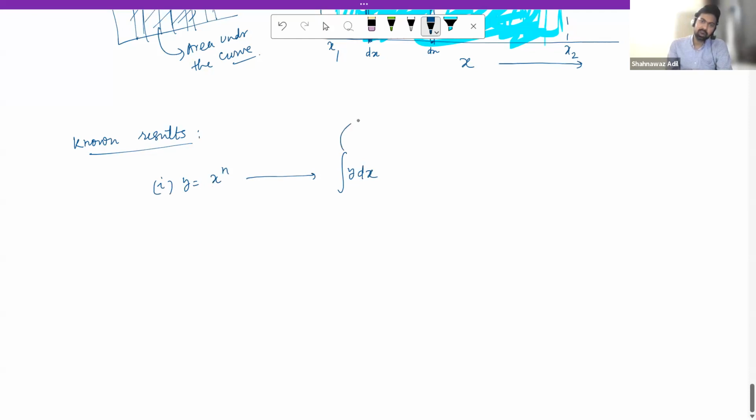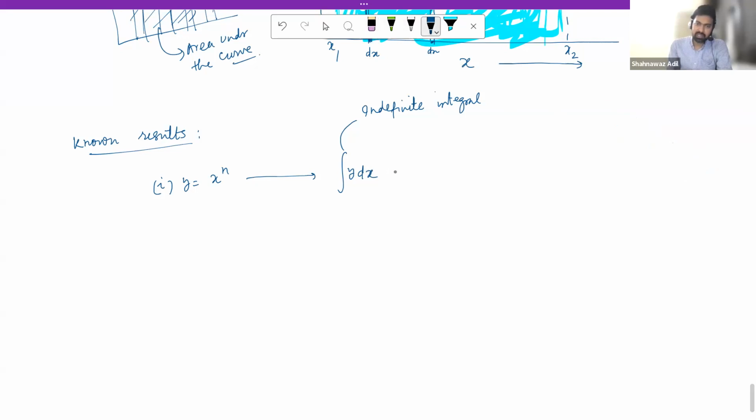This would be called an indefinite integral, because we don't have any limit. And if I put some limit, let's say x1 to x2 of y dx, this is a definite integral, right? We'll talk about this later, but let us understand the known results first.